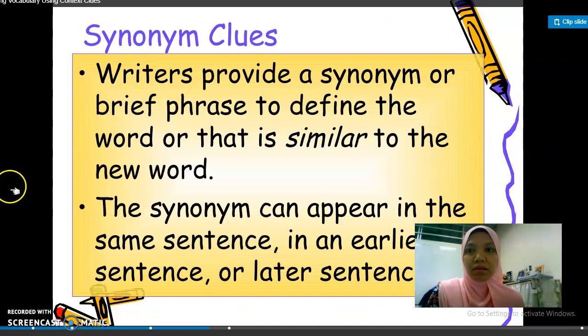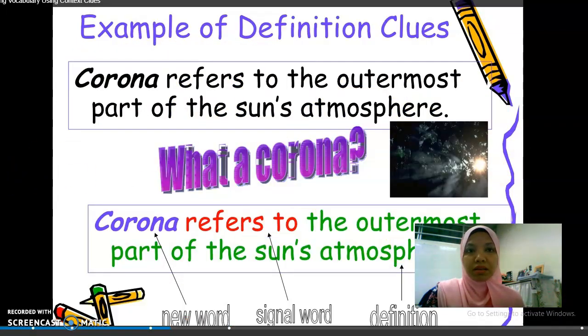Next, some examples here. Corona refers to the outermost part of the sun's atmosphere. The word corona is not something that we use daily, so it's a term. The clue word given here is refers, which gives you the hint that it's explaining the word corona. So what is corona?